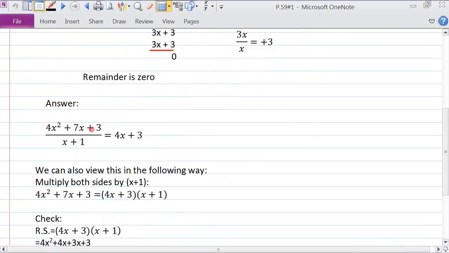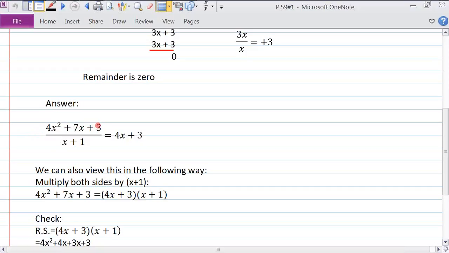So the way I can express this is to say 4x squared plus 7x plus 3 divided by x plus 1 equals 4x plus 3. So we can also look at this in another way. If we multiply both sides of this expression by x plus 1, then the x plus 1 in the numerator and the x plus 1 in the denominator cancel, and we're left with 4x squared plus 7x plus 3.